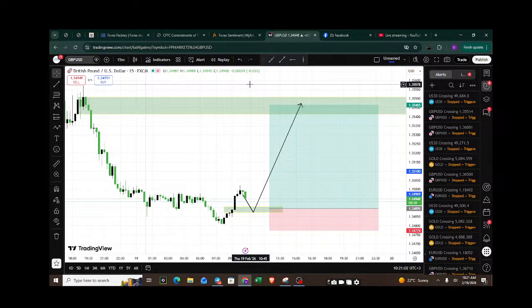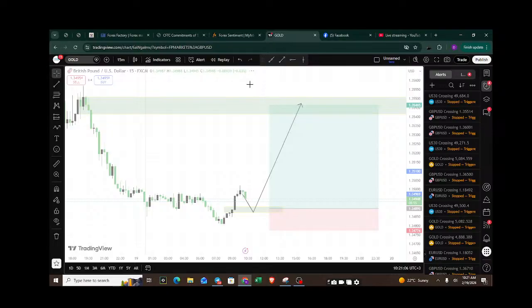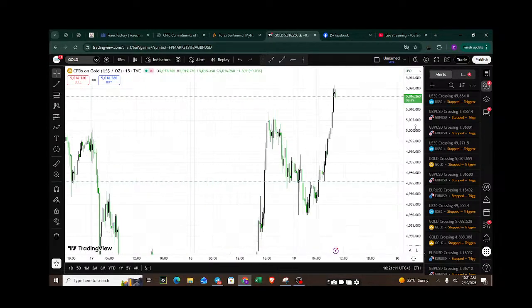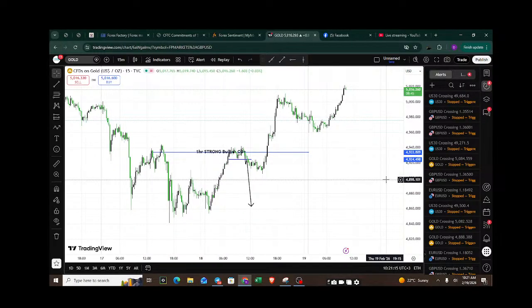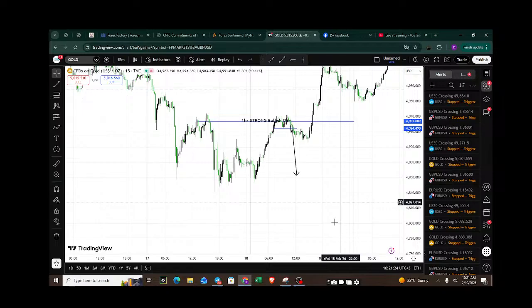Now that is GBPUSD. We can go to gold. Although I'm not taking any gold trades, I don't take gold trades. So yesterday, what was our analysis yesterday?